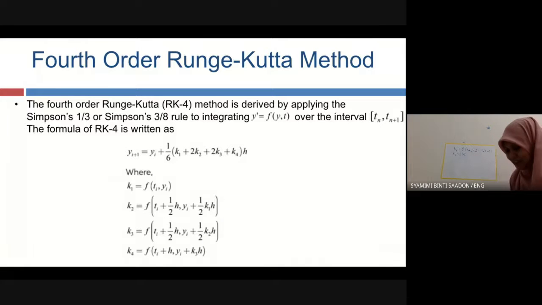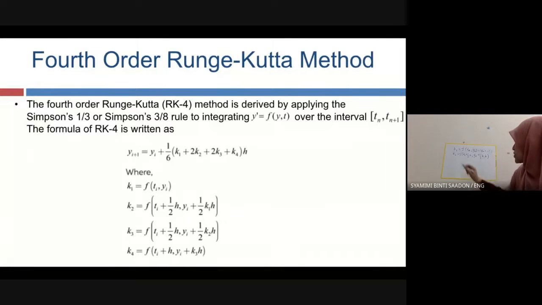t0 plus 1/2 h, comma, y_n plus 1/2 k1 h, which is y0 plus 1/2 k1 h.